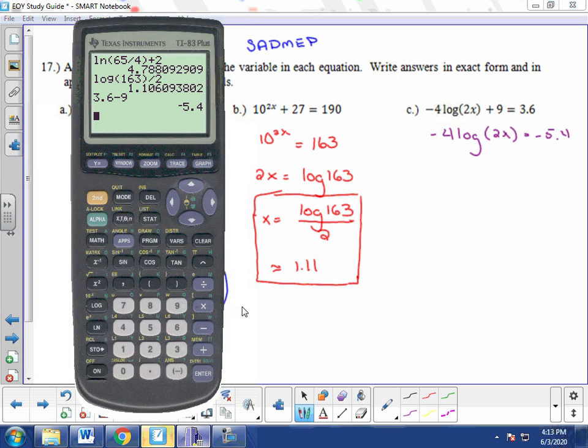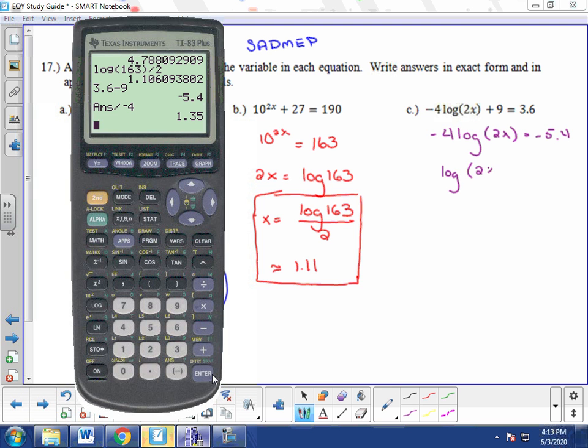Then we divide by negative 4 on both sides to get rid of that coefficient. So the log base 10 of 2x is equal to 1.35.